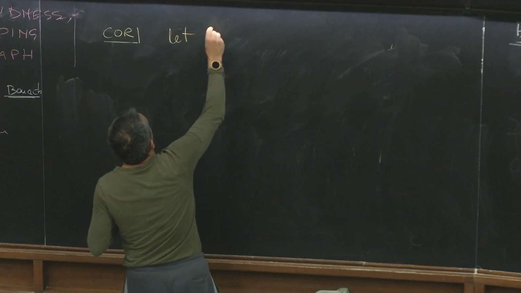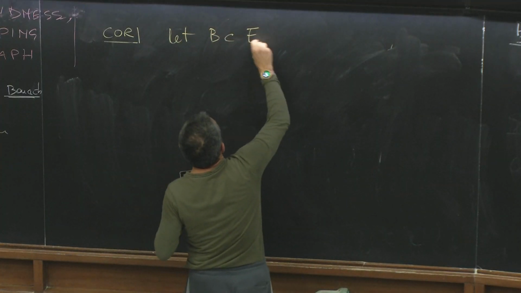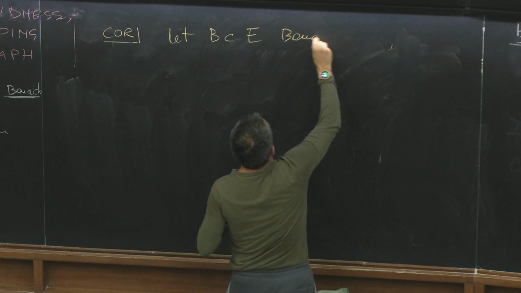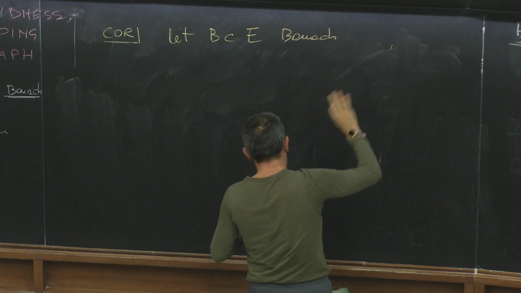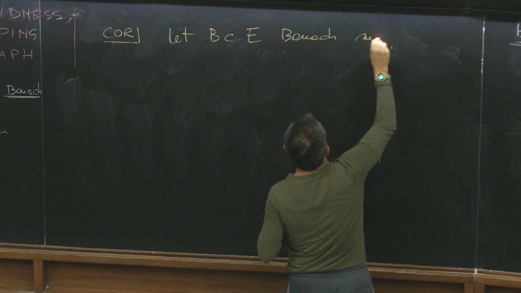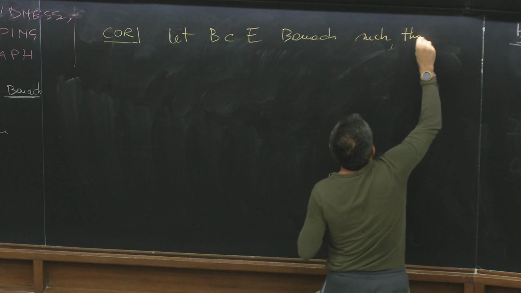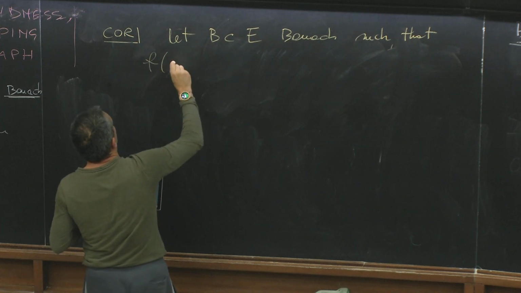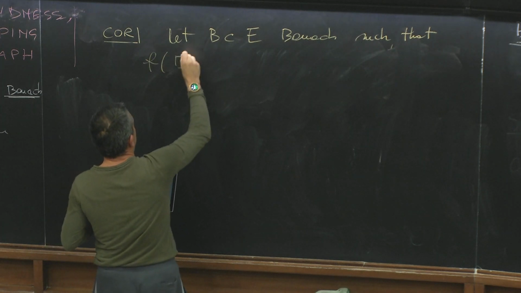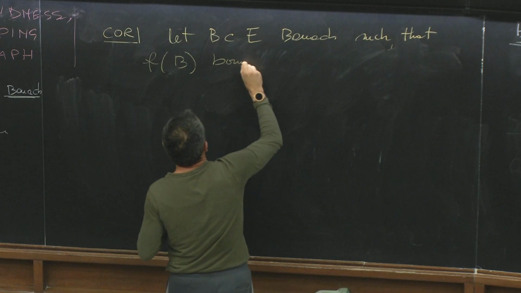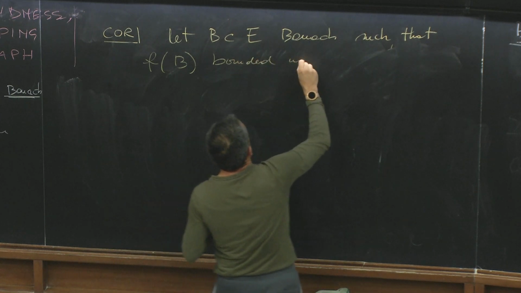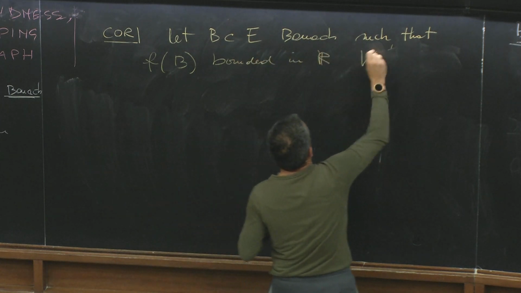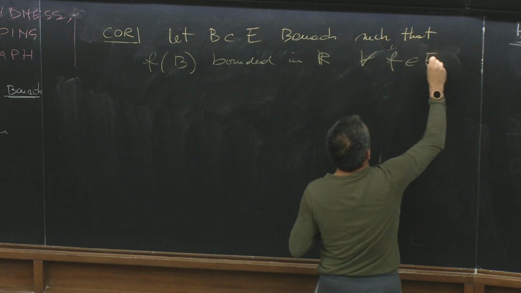So let B contained in E Banach, such that f of B is bounded in R for all f in E star.